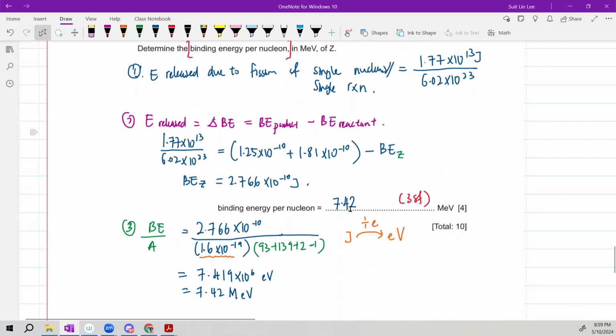So if I want to write my final answer as 3 SF, an intermediate value like this one has to be at least one more SF, 3 plus 1 SF. If you're not ready to press a calculator and you don't want to round, then you just stuff all of it inside one calculation. So it's a matter of preference.